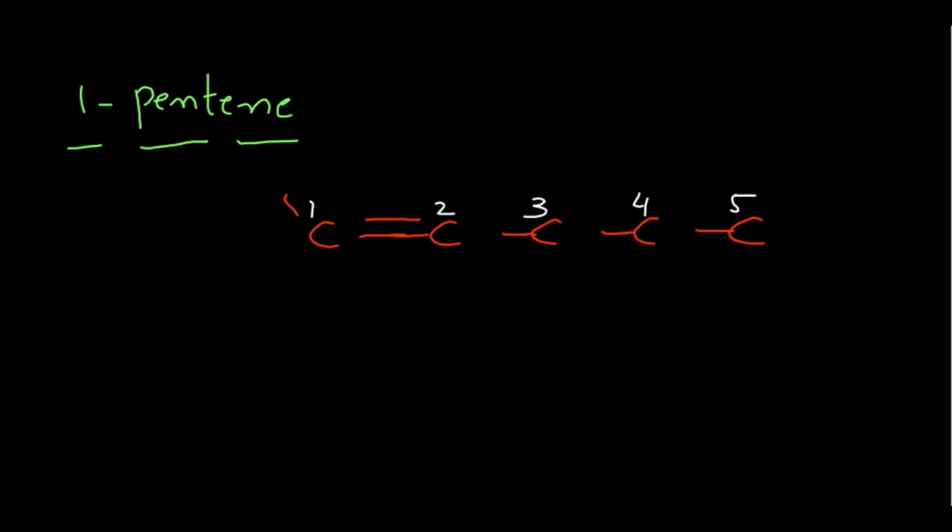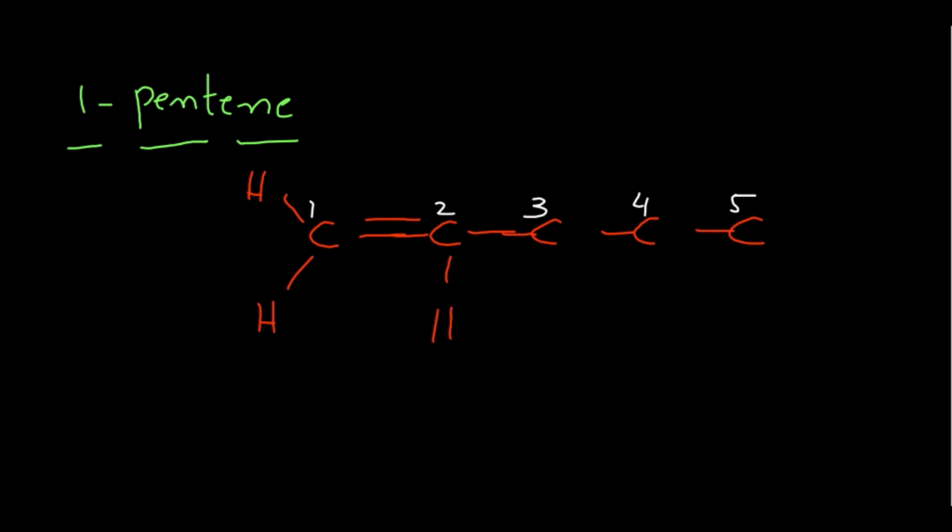Now we will fill the vacancy of each carbon with the help of hydrogen to make each carbon tetravalent. For this carbon, how many hydrogen atoms will be added? 1, 2. So this carbon becomes tetravalent. Now the second carbon has 1, 2, 3 bonds, so here we add 1 hydrogen.